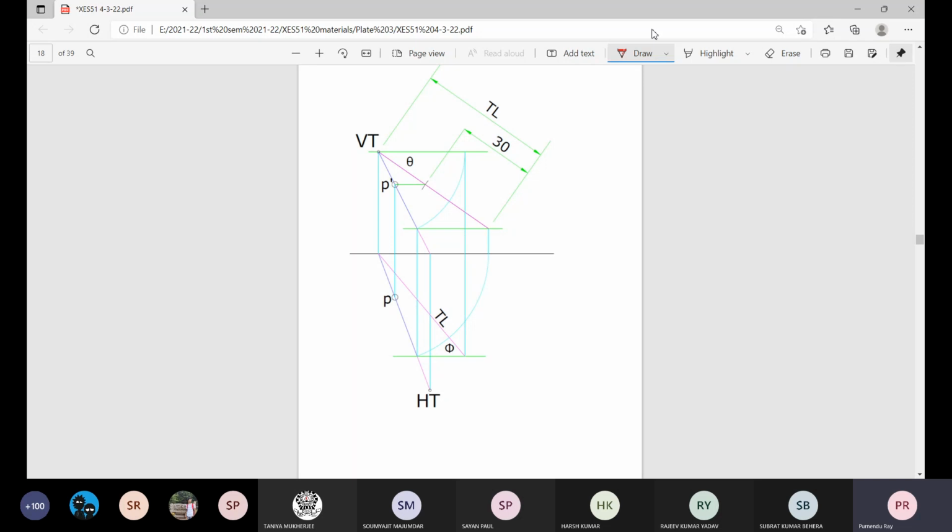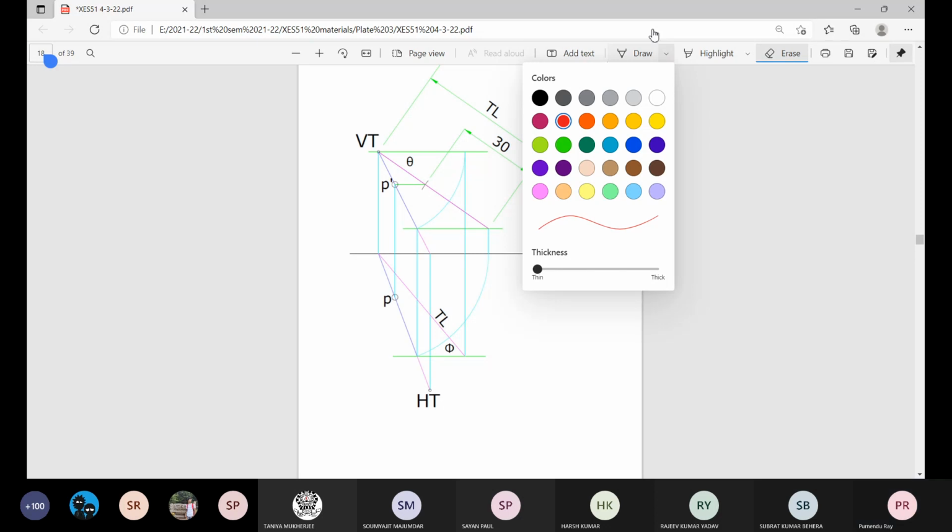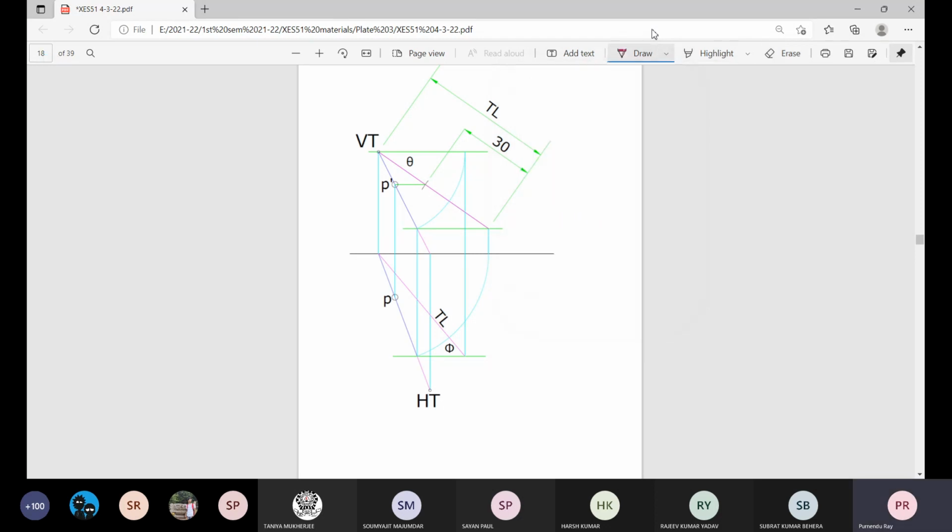Anyway, what is the original diagram? This is the original elevation. Sorry. So this is the original elevation. This is the original plan.